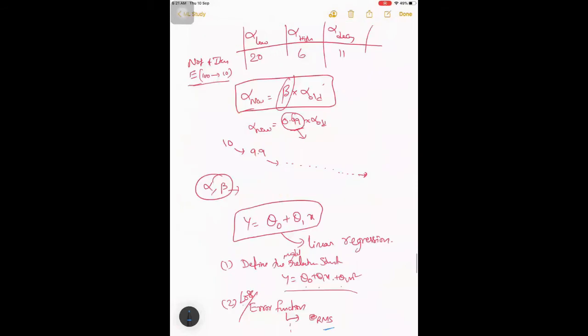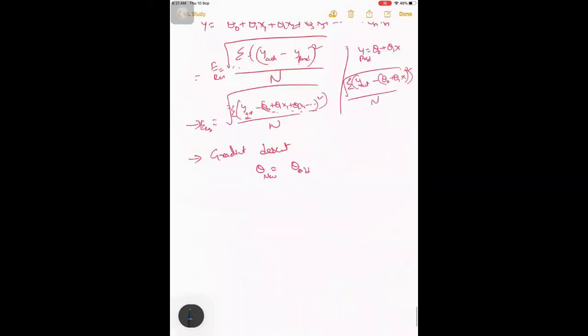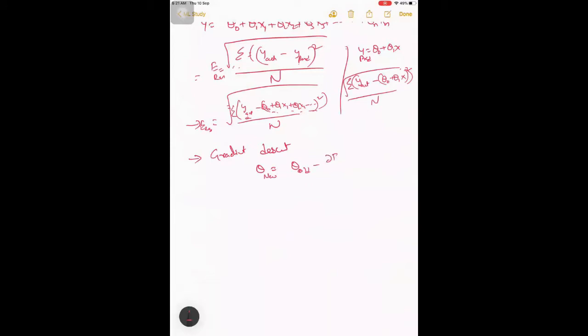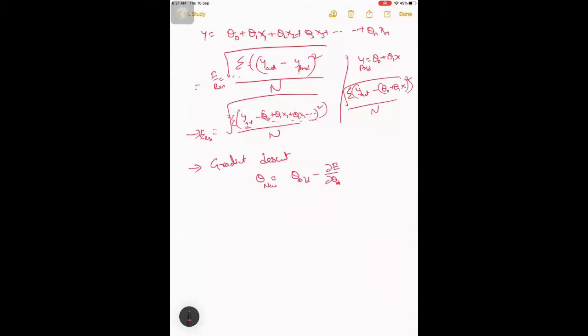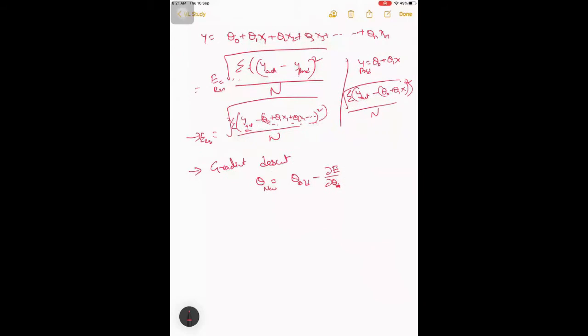So let's use the same formula here. So minus dou E by dou theta naught, it will be dou theta anyway. So this is what we are going to have as gradient descent. From the gradient descent, it will start updating the value.